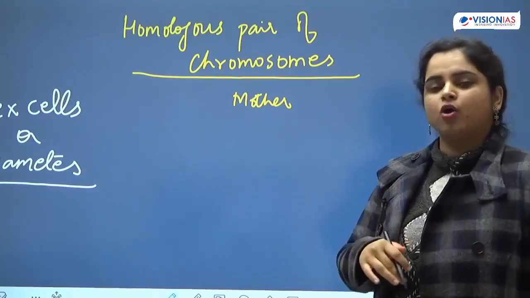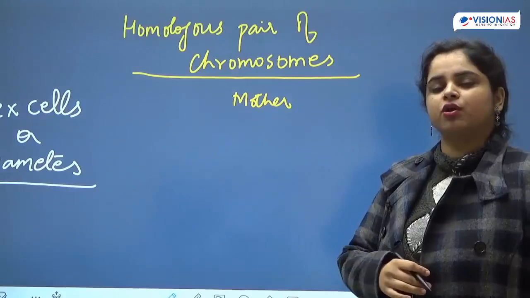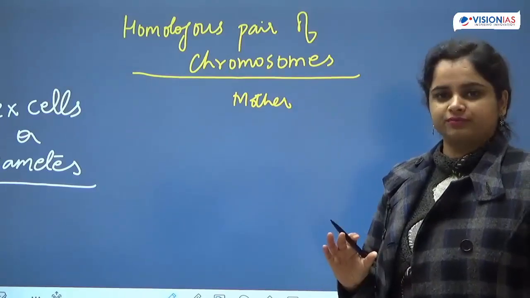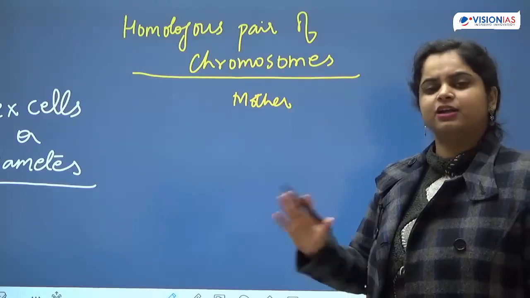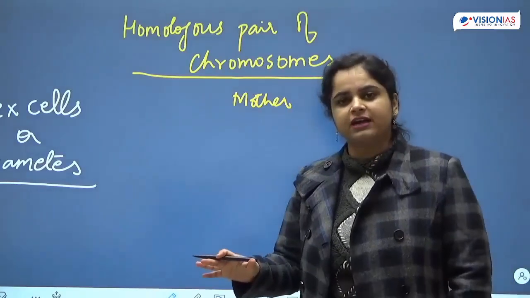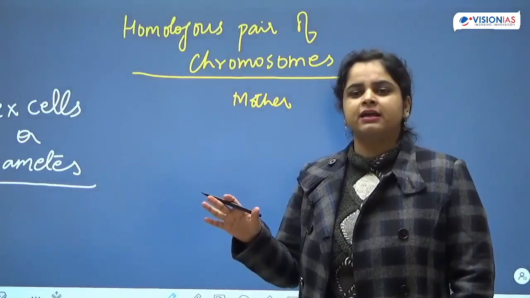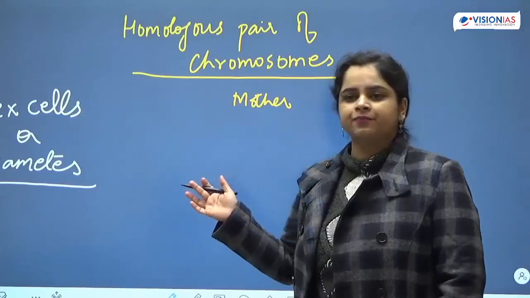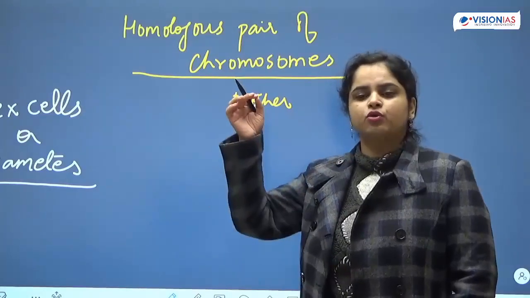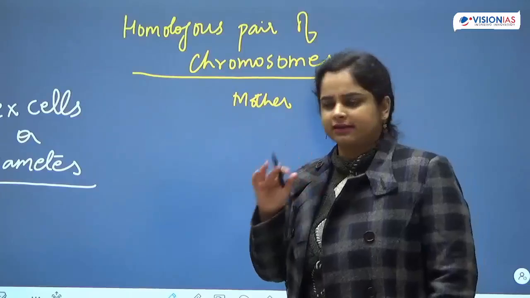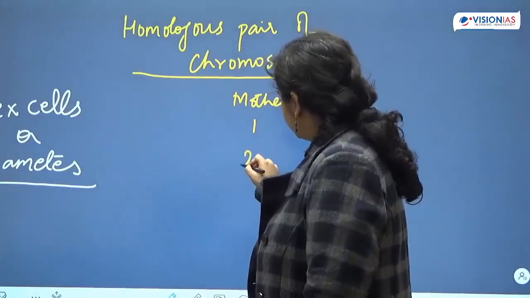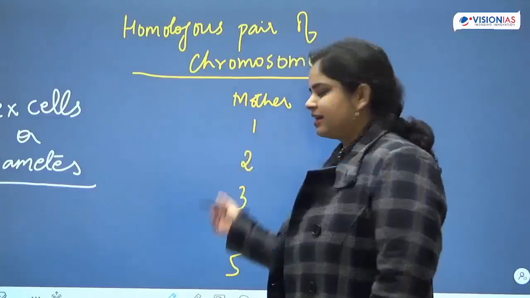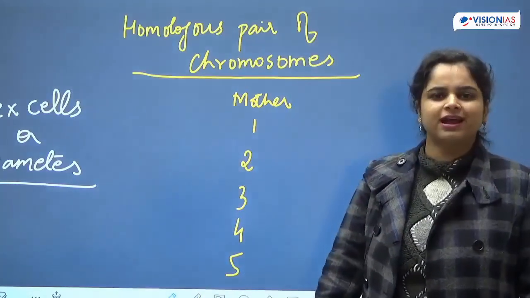For the purpose of studying, we name them as 1, 2, 3, 4, 5, like this till 23. Standard chromosomes have been identified and their structures have been studied.